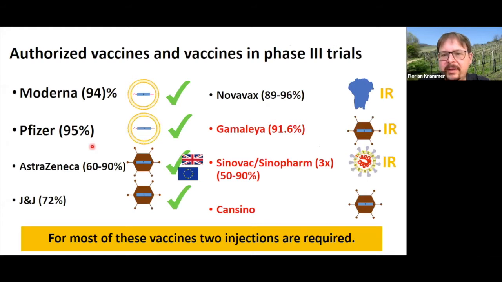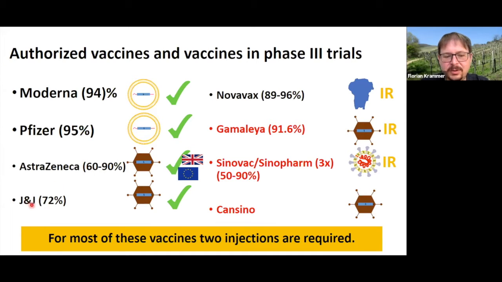Just to sum up what we have now in terms of vaccines, we have the Moderna and the Pfizer vaccine, which are both mRNA vaccines. They're both authorized and used in the US, very high efficacy. We have the AstraZeneca vaccine, which has variable efficacy depending on the study, and you've heard the controversy in the last days about that. This is used in the UK and the European Union and in other countries.